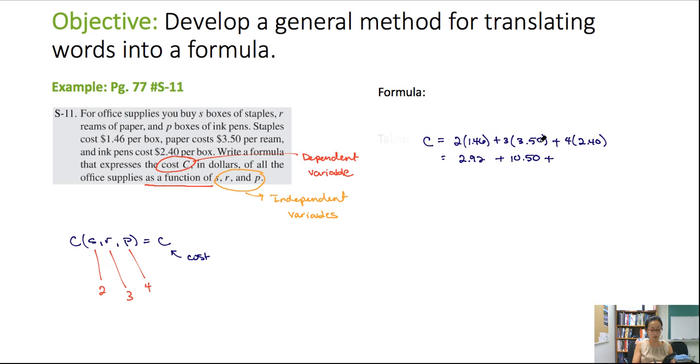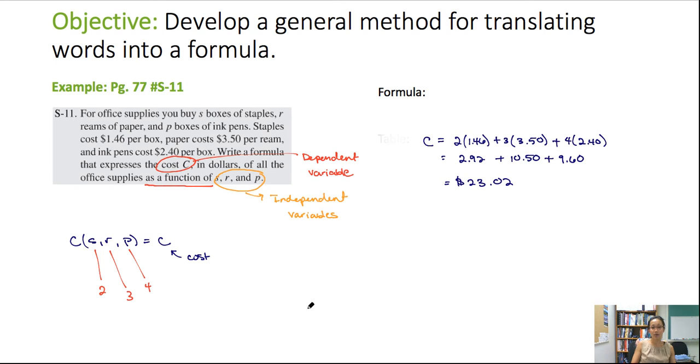And then 4 times $2.40 gives us $9.60. So our total cost ends up being the sum of these 3 quantities: 2.92 plus 10.50 plus 9.60 gives me a total cost of $23.02.